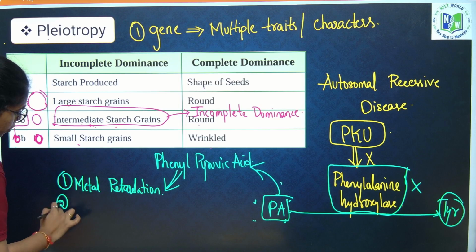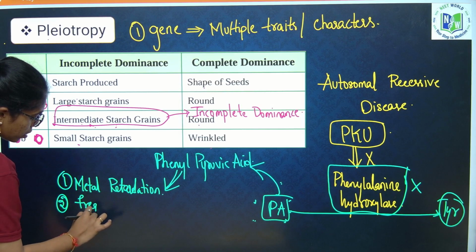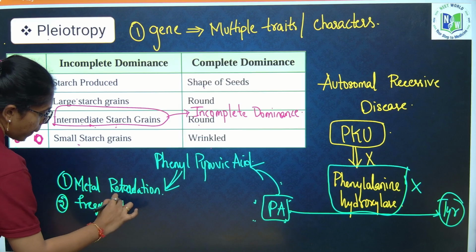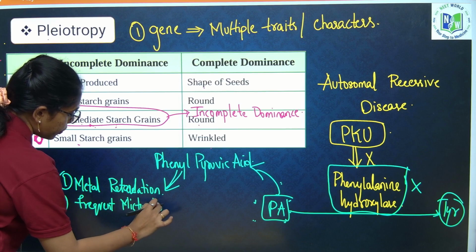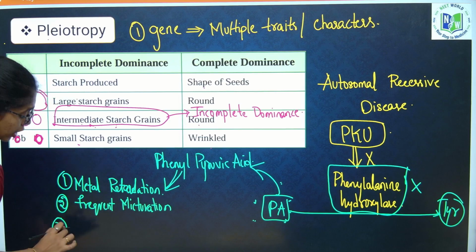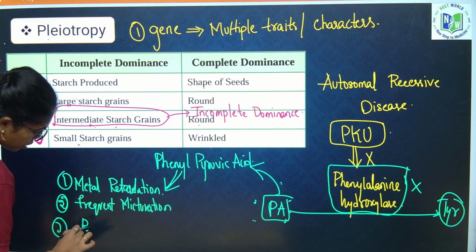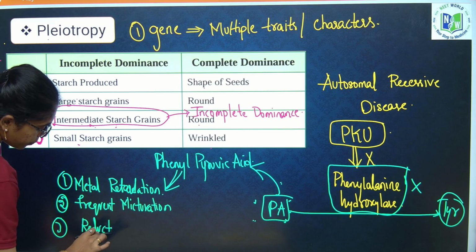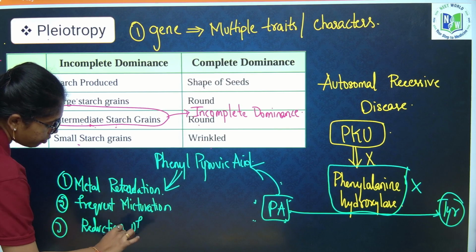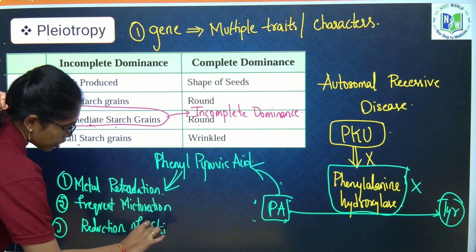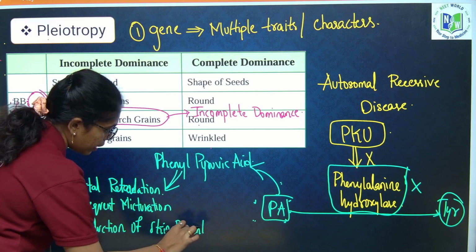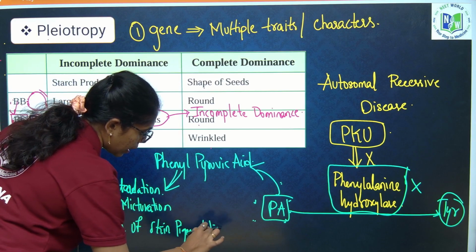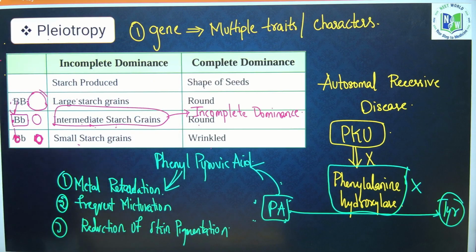Second is frequent micturition. Third, reduction of skin pigmentation. Okay, what is observed ma?